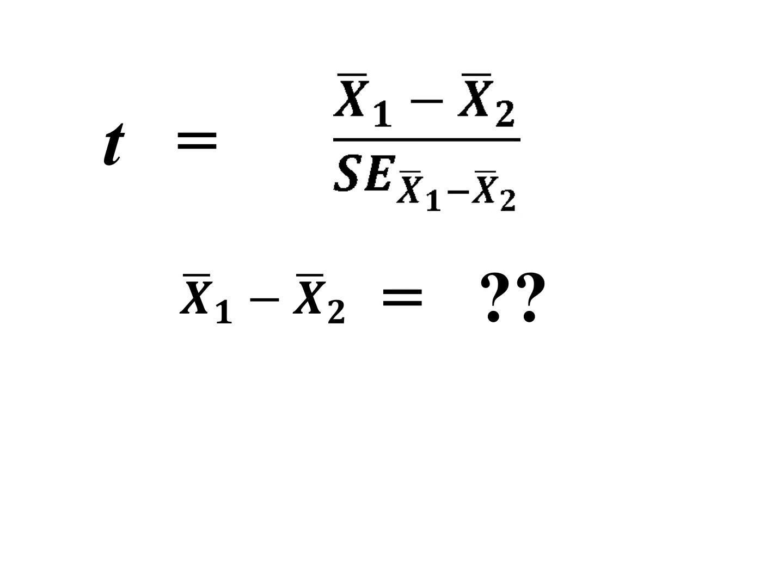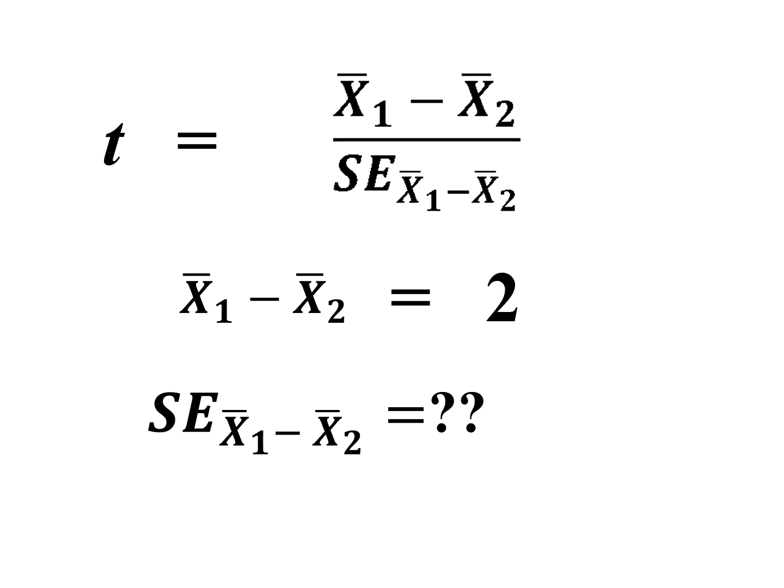So what is the observed difference between the means of the two samples in our two-group study? Go ahead and take a couple of seconds, go get your answer, and then come back to lecture. The observed difference between the means in our samples is just 2. So now we're down to the standard error of the sampling distribution, and I gave you this number earlier in the lecture.